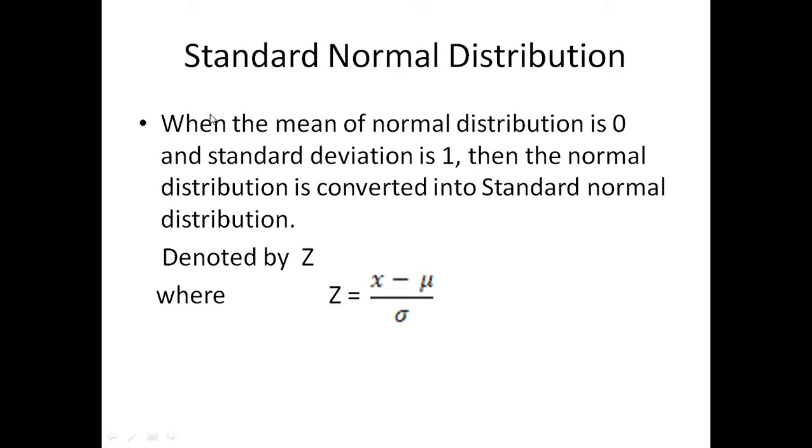Z is a standard normal variable, x is the normal variable, and z is the standard normal variable. Now, this is the formula for z: if you subtract mu from x and divide the answer by sigma, it will be converted into z.